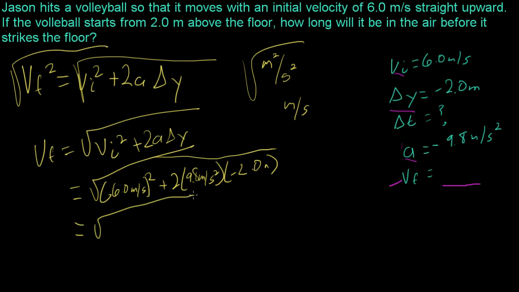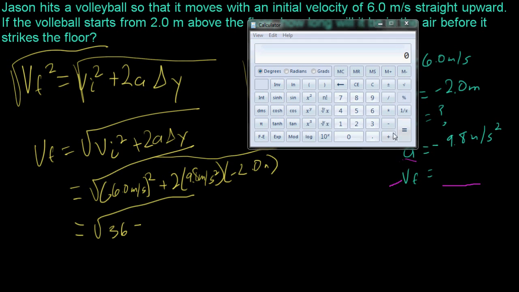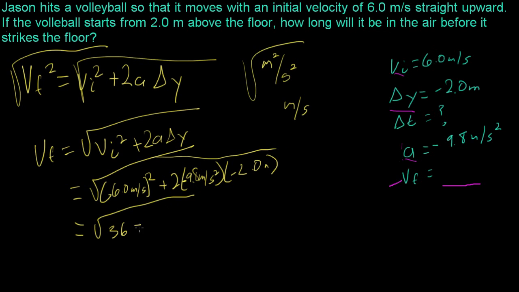So, alright, continuing, what do we get? 36, this could be minus 9.8 times 4, so let's see. 9.8 times 4, 39.2. Oh, that's plus. So that doesn't make sense, but it's plus. Oh, but it is minus. Ah, but our acceleration is negative, so it is plus.